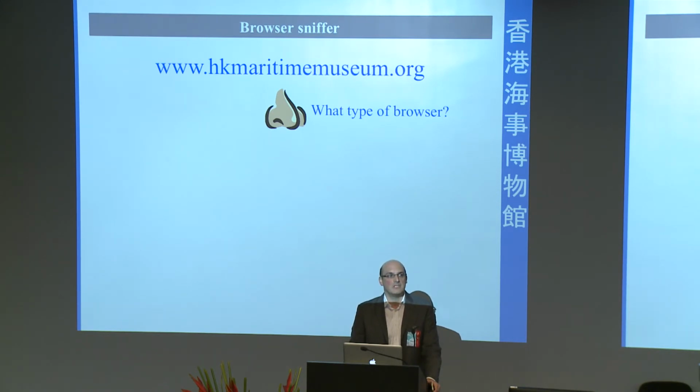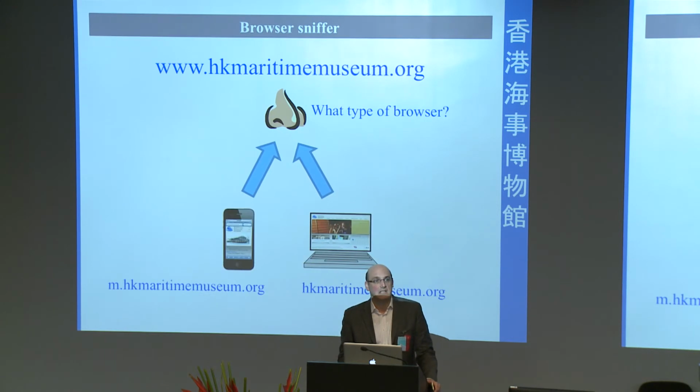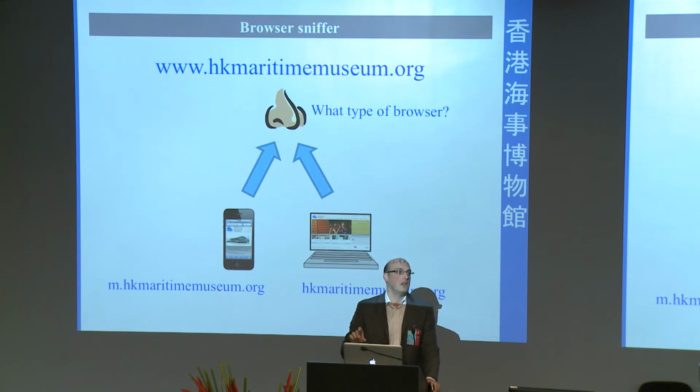The second thing which is happening, it is detecting what language you are using. So if you are using an English browser, it will send you to the English website. If you're using a Chinese browser, it will send you to the Chinese site. And this was very important because as our main URL, we didn't want to say our main website is English or our main website is Chinese.